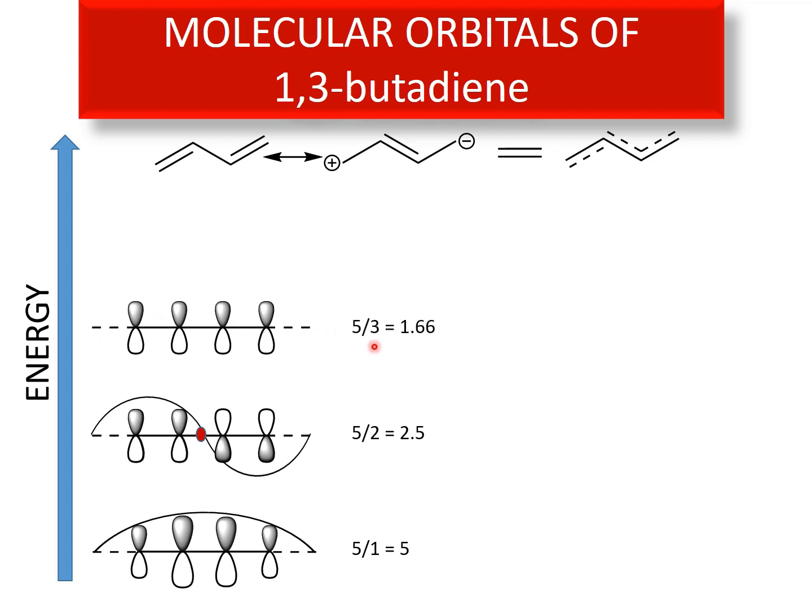For the third orbital, again we have a 5 bond distance available for the sine wave. So in this case we divide it by 3, which is equal to 1.66, and so the wave starts from here, covers a distance of 1.66 bond length, meeting it here, and then it goes down covering a distance of 1.66 bond length again, it meets here, and then it goes up, and after 1.66 bond length it goes here.